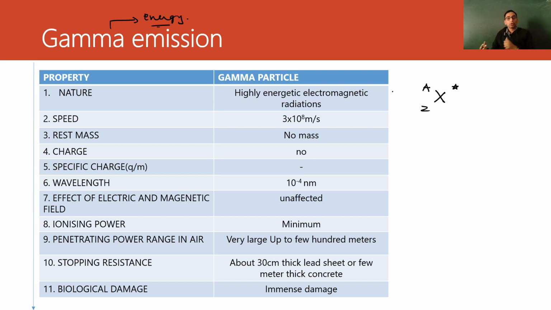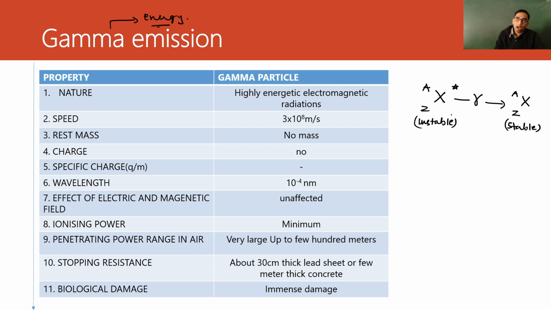If there is excess energy inside the nucleus, it is going to remain unstable. So after losing gamma radiations, it simply becomes X with Z and A, and I'm not going to put a star over here. This is unstable.